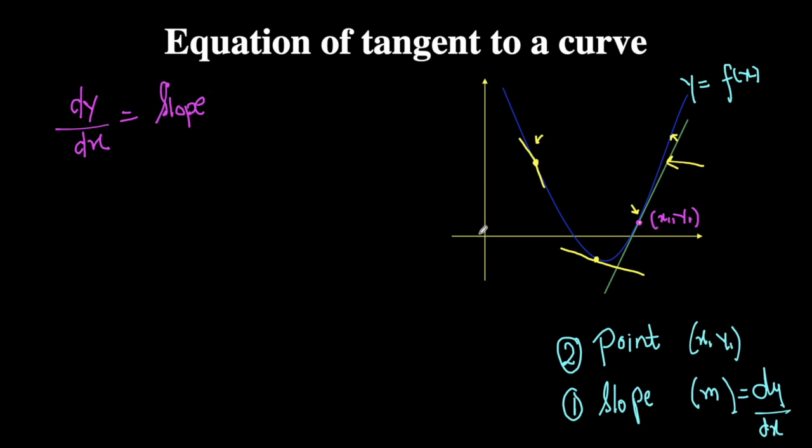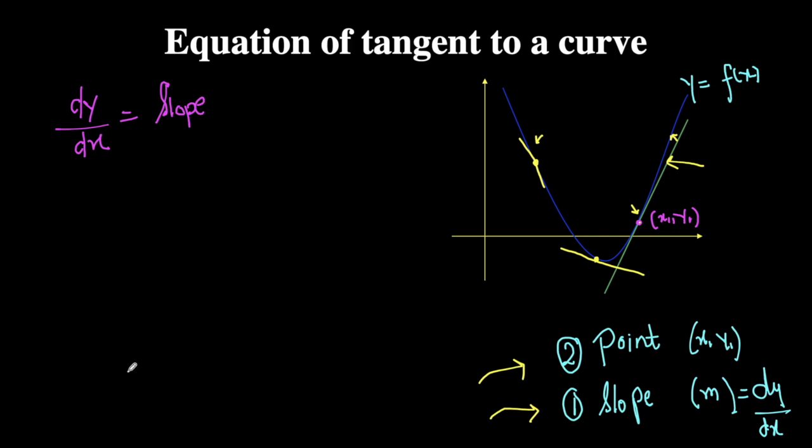From our coordinate geometry we know that to find the equation of any line, you must know its slope, and you must also know a point through which the line passes.